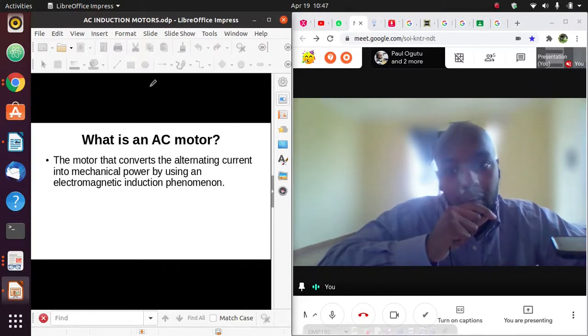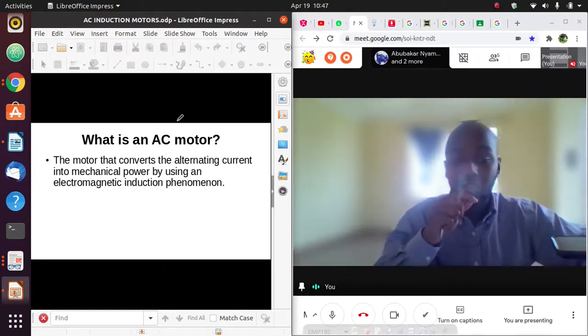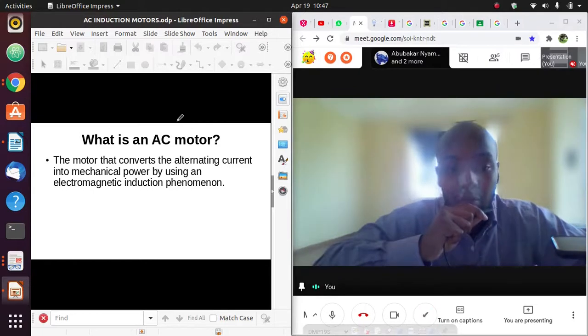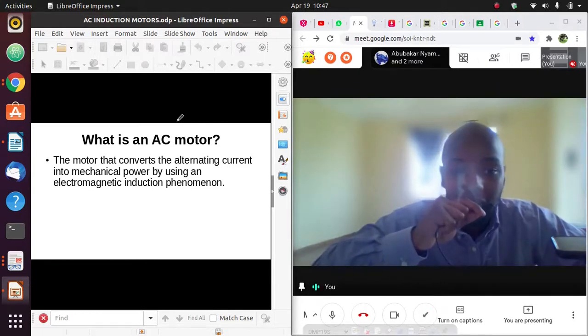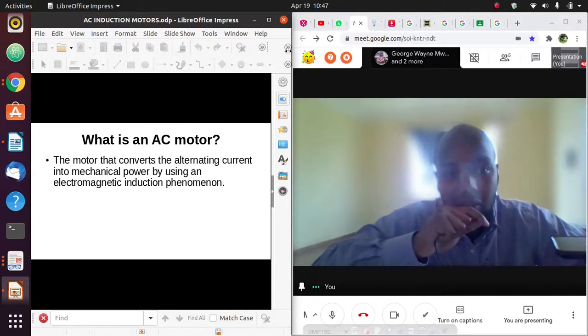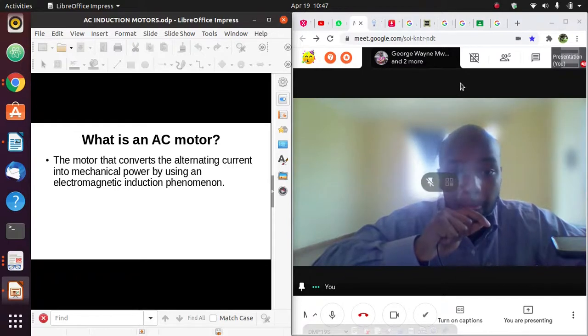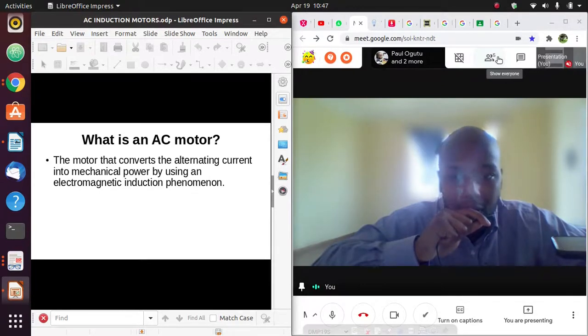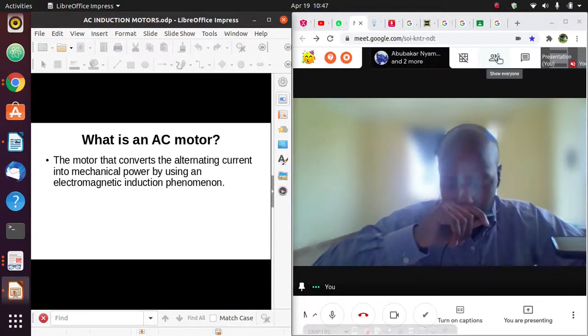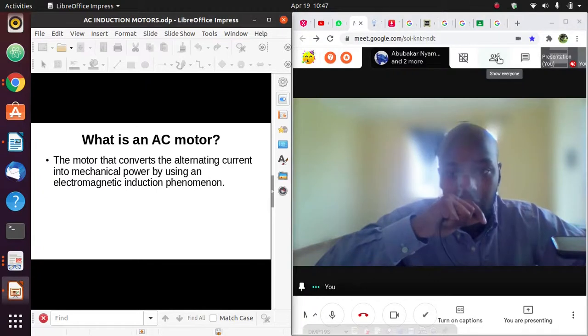But an alternating motor is one that uses alternating sources. I'm sure by now you already have an idea what DC and AC current and voltage is.